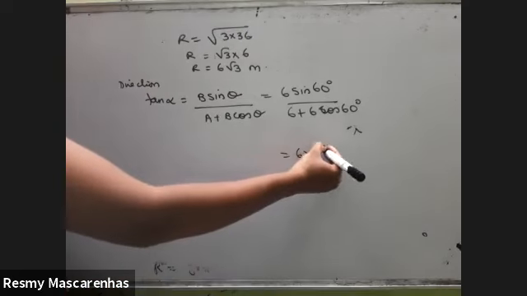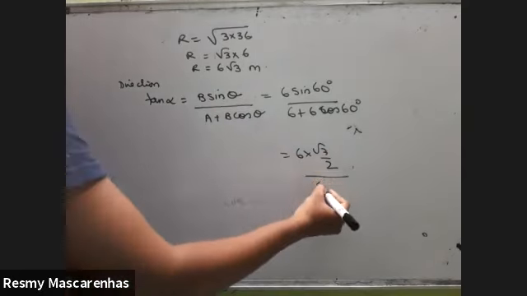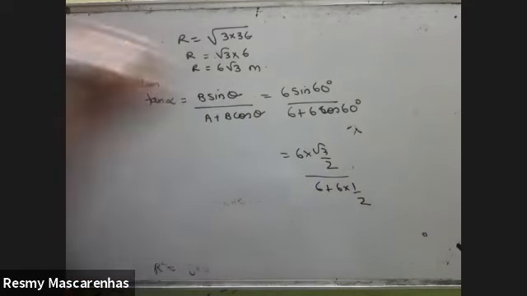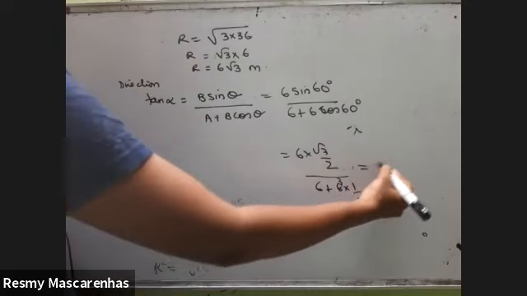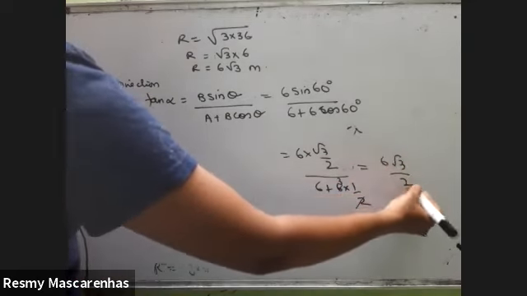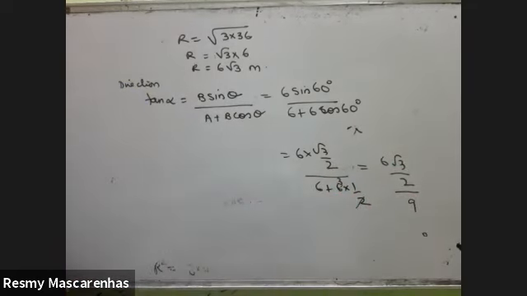Sin 60 is what? Root 3 upon 2. So this will cancel. This will become 3 upon 6 plus 3 will give me 9.